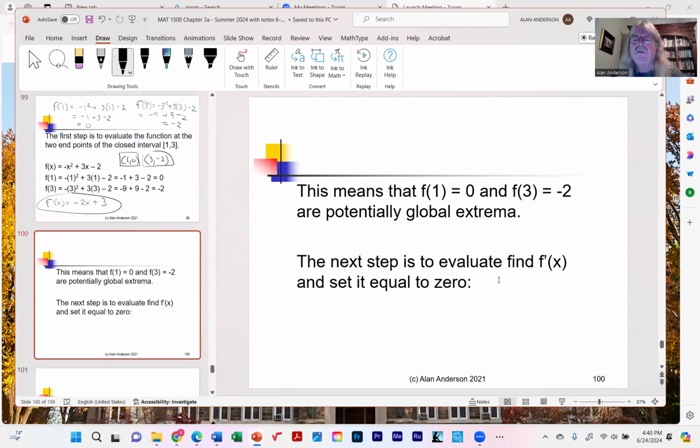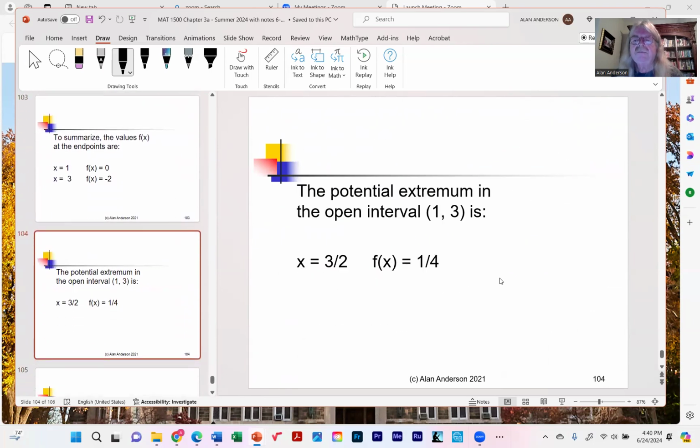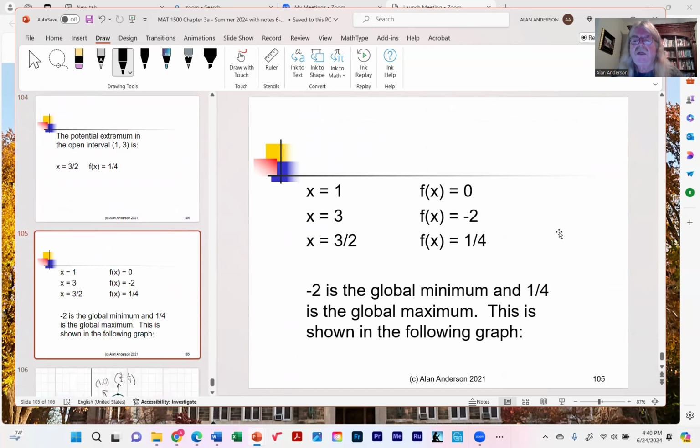And so the bottom line here is that we organize them all in one place. So the right endpoint is the global minimum. Okay, why is that? Because the function does not take on a smaller value in that interval.